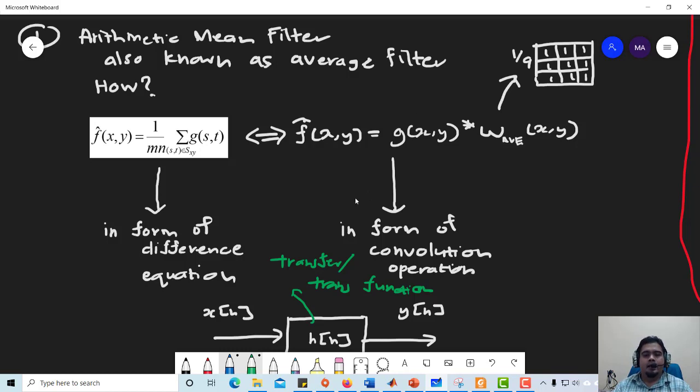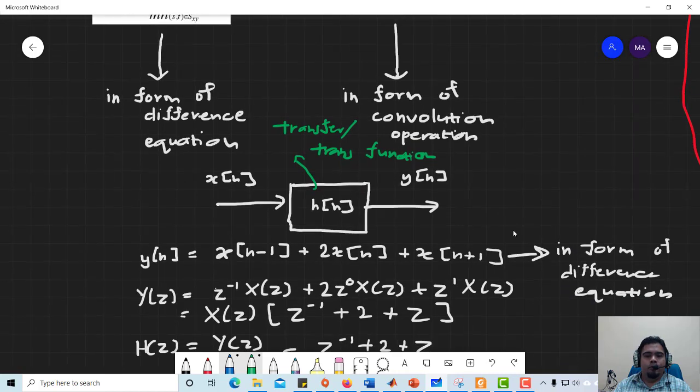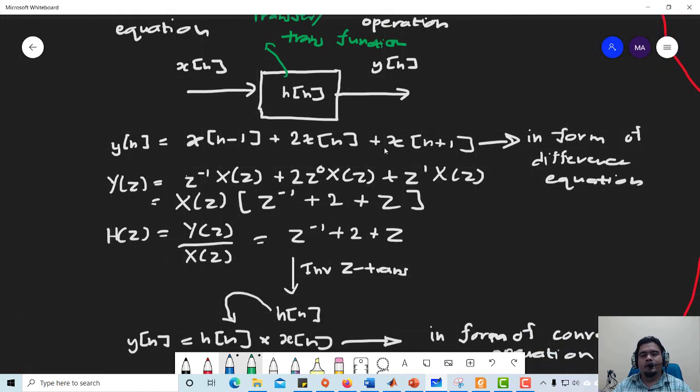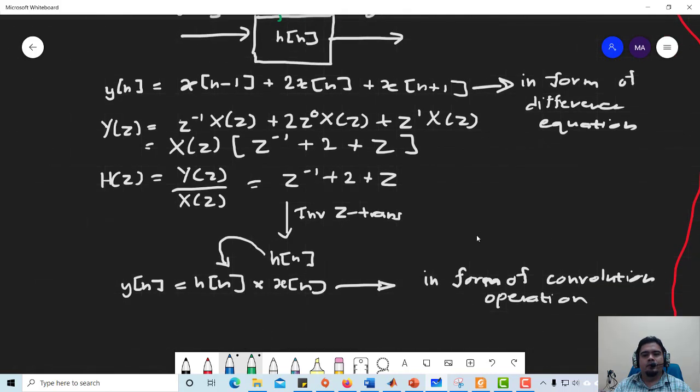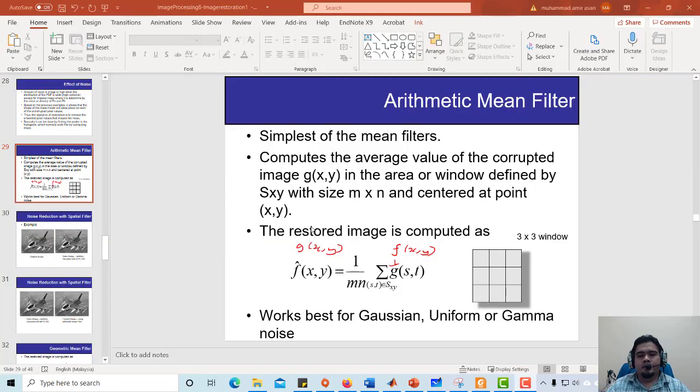Okay, but you have learned that before in 1D, where in order to change from the difference equation form, you can use a Z transform, then you can convert from here to here. Next, let's try to understand how to translate this expression, because there are a lot of things there.